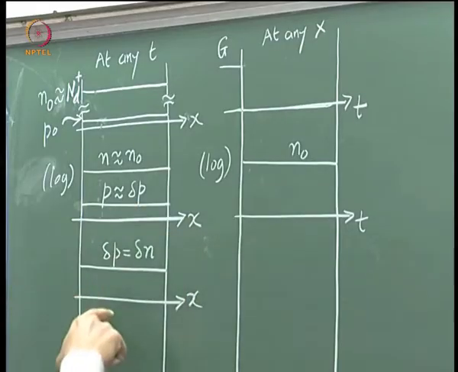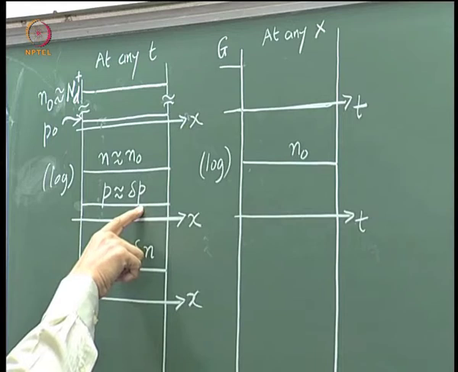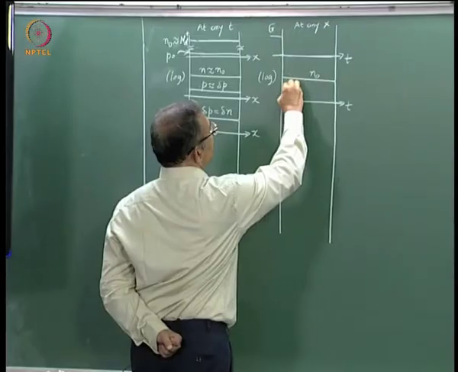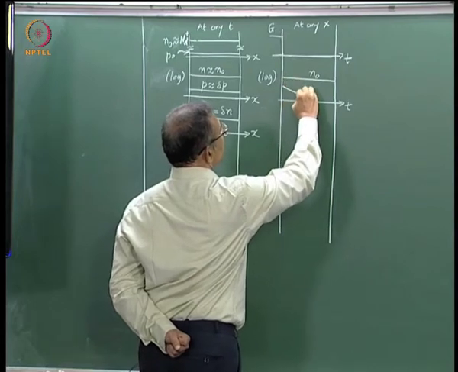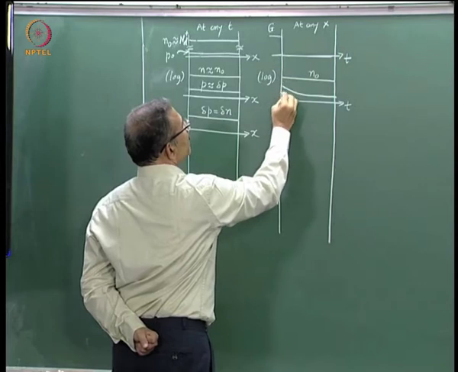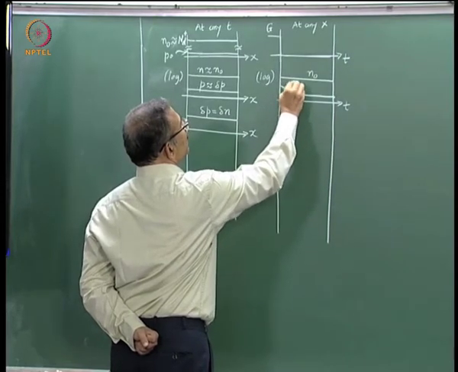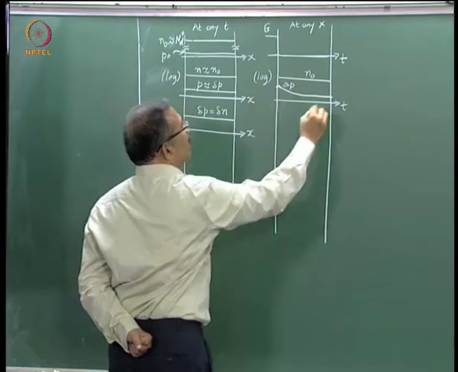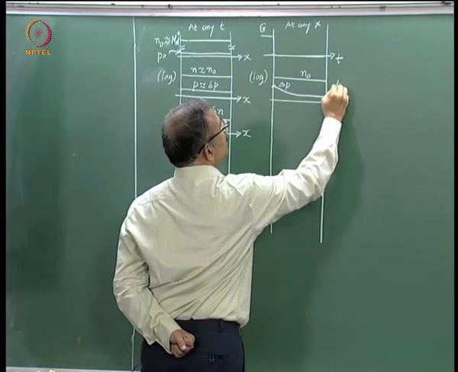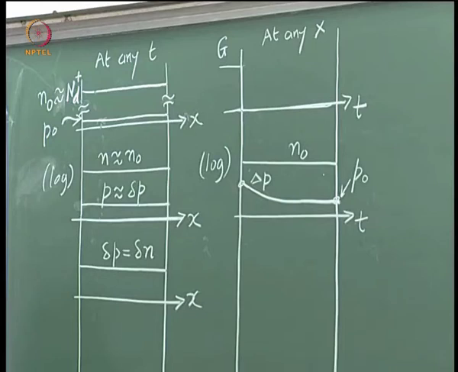The minority carrier concentration, however, will change from delta p to the equilibrium value. So, this is delta p and this is p naught. This is on a log scale.